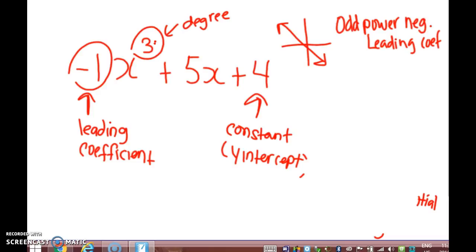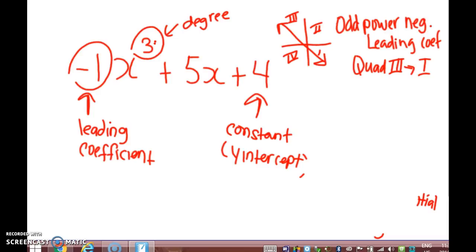If we remember our quadrants, this is 1, 2, 3, and 4. So with an odd power and a negative leading coefficient, you go from quadrant 2 to quadrant 4.